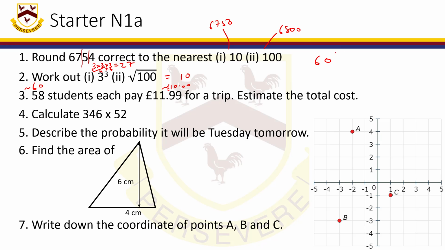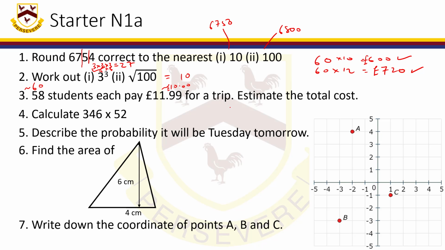So it'd be 60 times 10, 600 pounds. Now if you rounded it to 12, you have 60 times 12, which is fine. You should have 720 pounds. Either one is fine and will get you full marks.